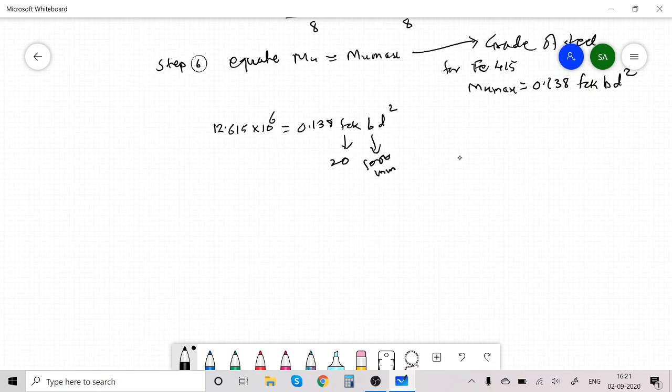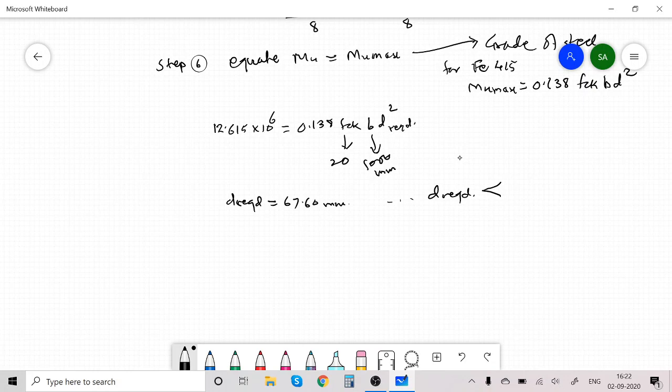Remember, slab is a beam of width 1 meter, and this is D required. So simplifying this, find D required is equal to 67.60 mm. This D required is to resist the given bending moment, that is 12.615 kilonewton meter.